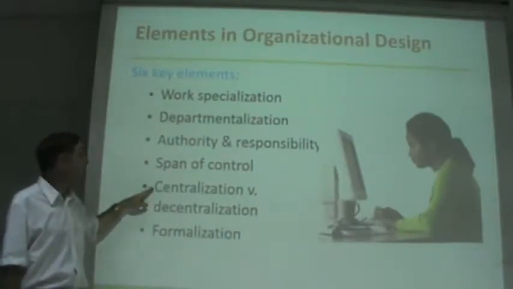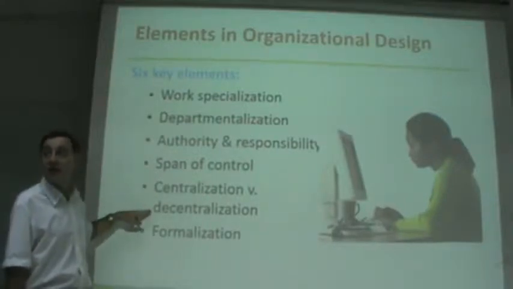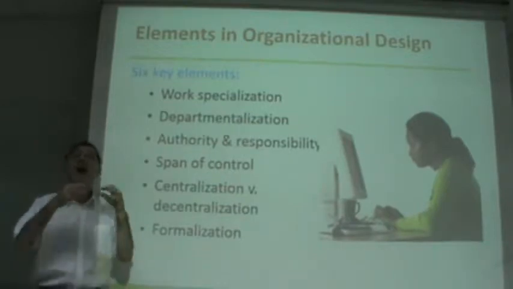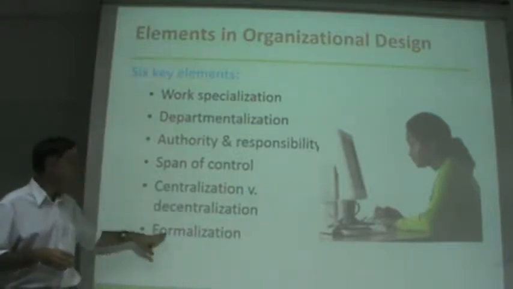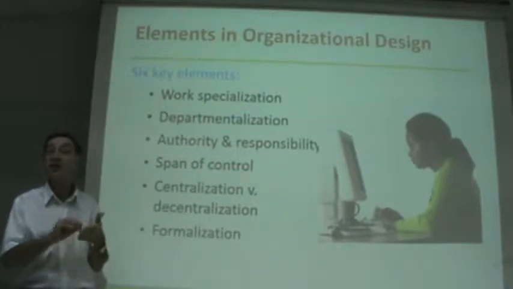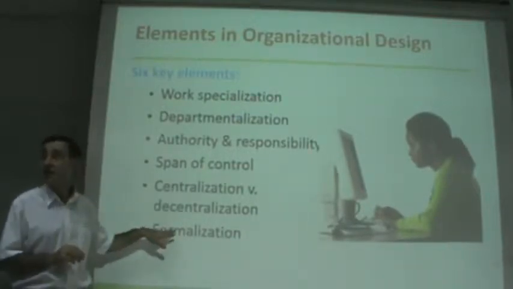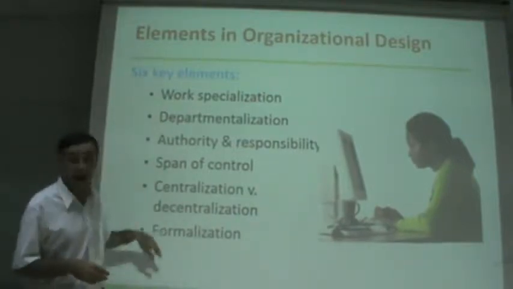Some organizations are highly centralized and some are decentralized. Centralization refers to the level at which decisions are made. And the last piece is formalization. Is everything written? Is everything formalized? I'm going to be discussing these in this particular lecture.